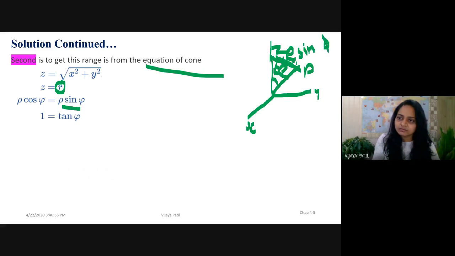Now if I put a perpendicular from the projection of P on the xy plane, this is also rho sine phi.